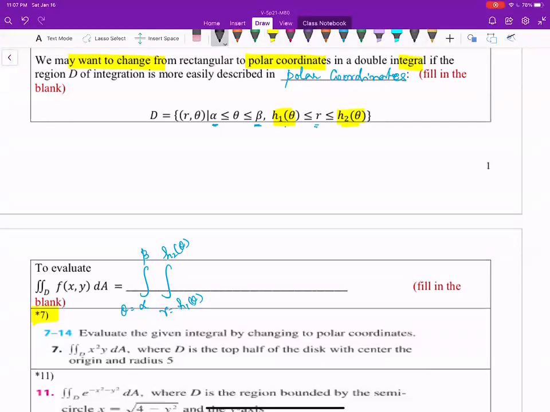And then f of x y becomes f of r cosine theta, r sine theta. Then you know that dA changes to r dr d theta in polar coordinates.